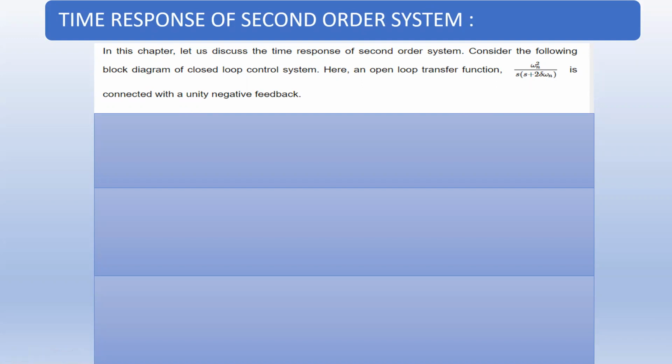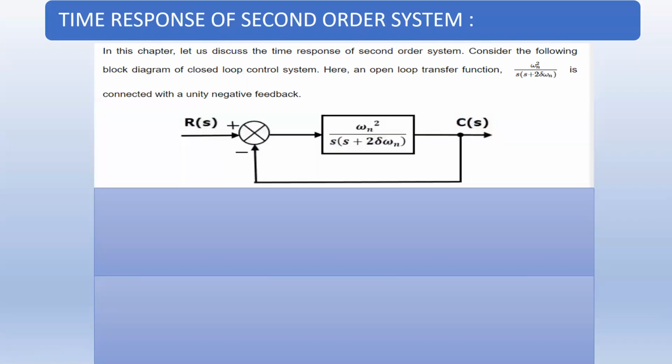If we consider a unity negative feedback system, as depicted in this figure, and find the overall transfer function, we have G over 1 plus G. We have already seen that for a unity negative feedback system, G is the open loop transfer function, which is omega n square by s into s plus 2 delta omega n.